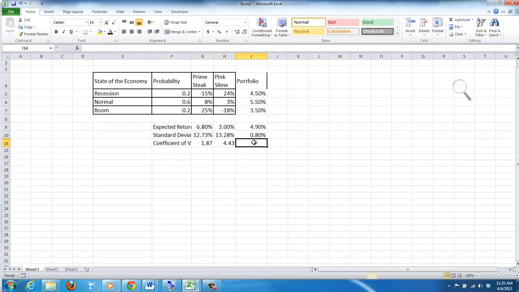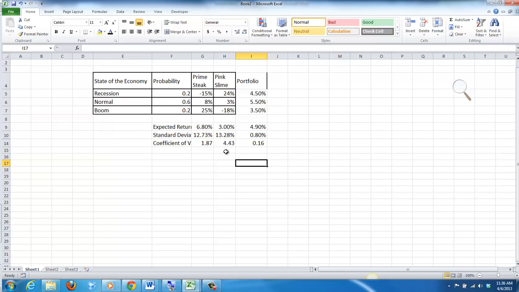And my coefficient of variation is equal to 0.8 divided by 4.9%, or 0.16. So if we look at this, the portfolio gives us a far better risk-return trade-off at 0.16 for the coefficient of variation when compared to the coefficient of variation for Prime Steak at 1.87, or for Pink Slime, which is certainly the worst, at 4.43.